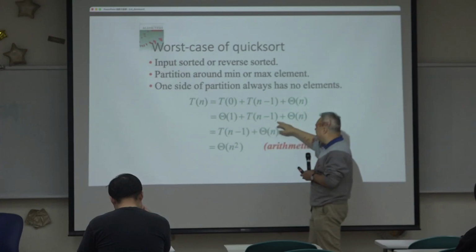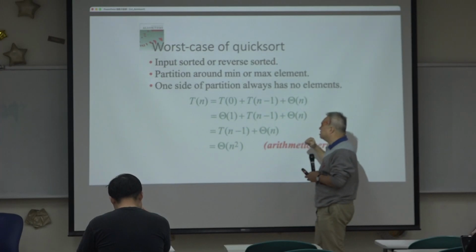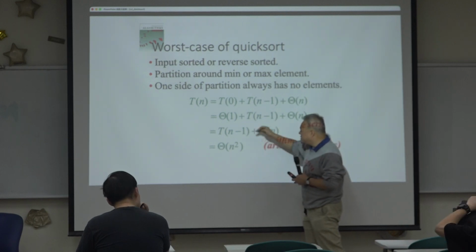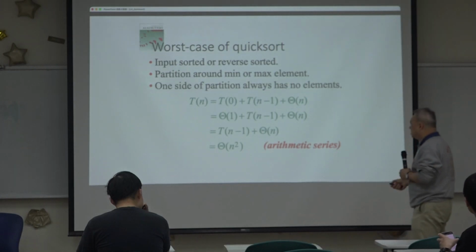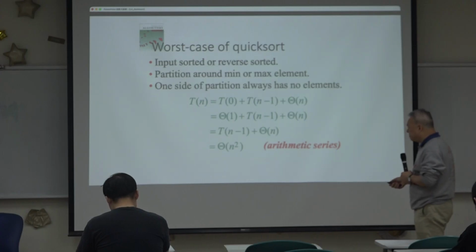And if we try to consider this again, okay, well, you can do this again, okay, and again and again. So eventually, okay, you are going to get theta n squared. This is an arithmetic series. Okay.